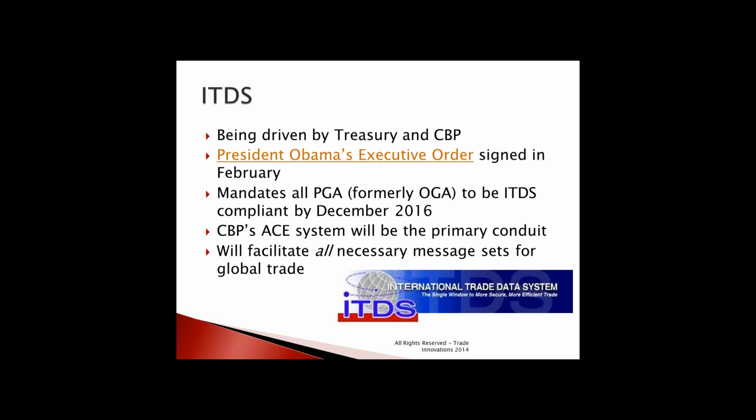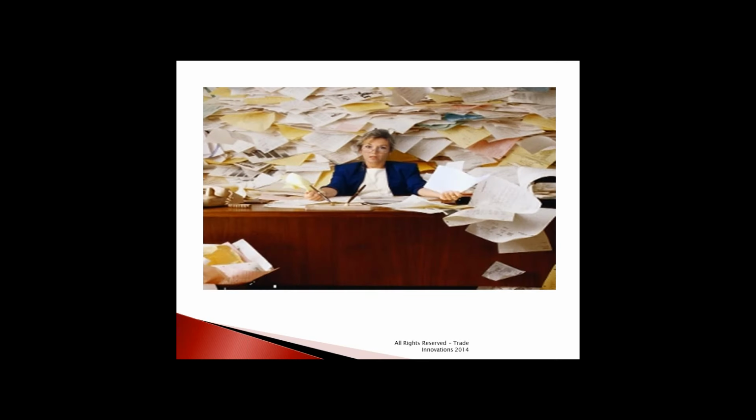The big change coming, of course, is that ITDS mandates that Fish and Wildlife now come to the table and integrate that message set, certificate, or declaration into the ITDS system. So ACE will be the primary conduit, and then we'll gate off messages to the appropriate federal agencies within the federal government as they get that rolled out.